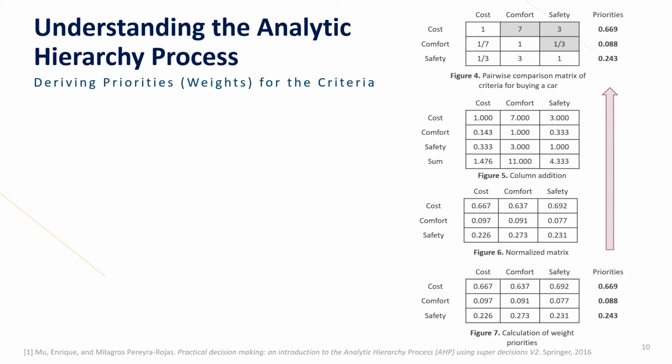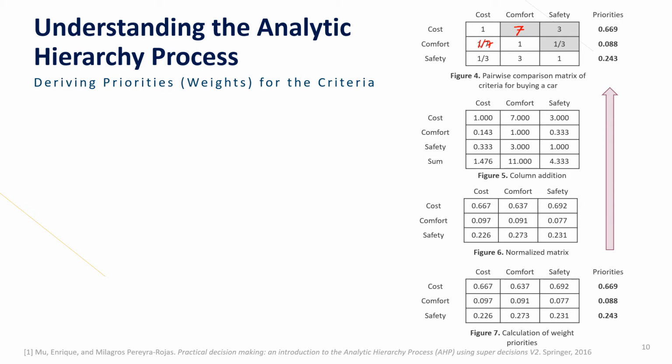Different criteria mean different importance. For example, when we compare cost and comfort, let's say cost is very strongly more important than comfort. So we put 7 here, and then we put 1 divided by 7 here.